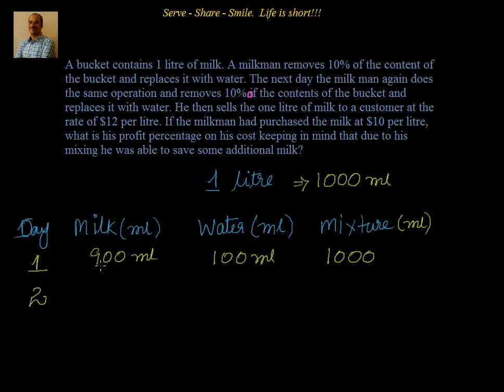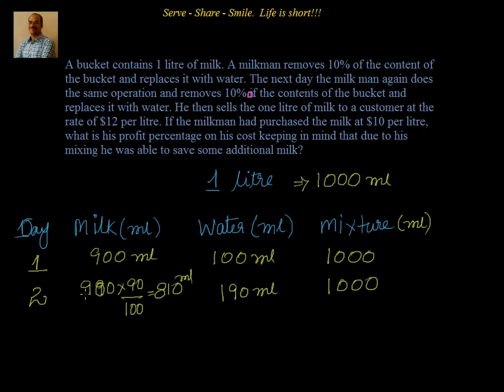The milk we have is 900 ml, and on the second day he again removed 10% of it. So this becomes 900 into 90 by 100, which is 810. So on the second day the milk content will be 810 ml only, and the remaining should again be filled with water, that is 190 ml, so that it becomes 1000 again.